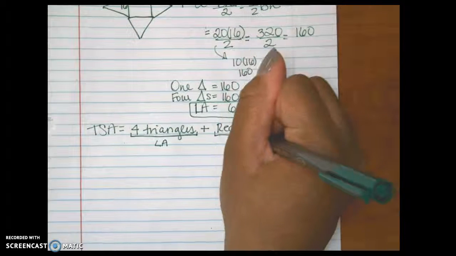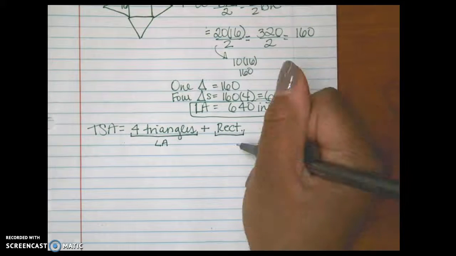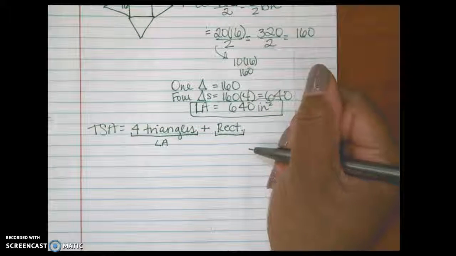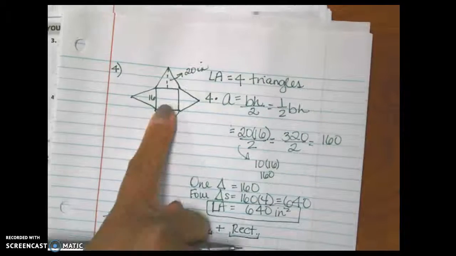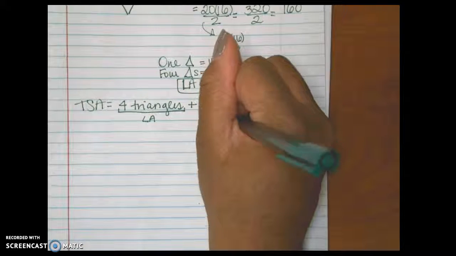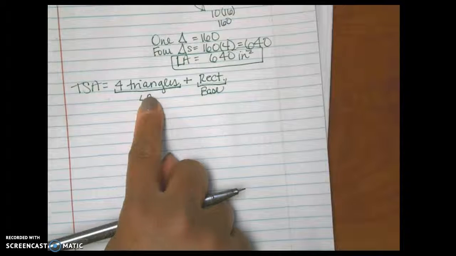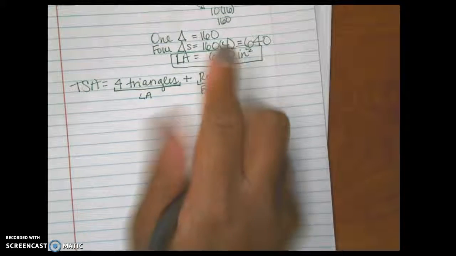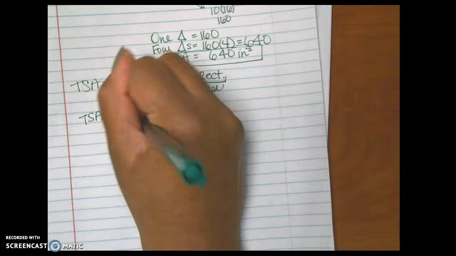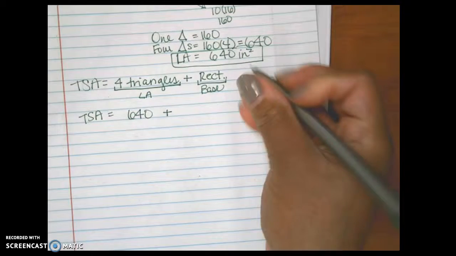And this rectangle is my what? Your surface area? Nope. What is the rectangle? The base. Thank you. Do I already have my 4 triangles? Yes. How many rectangles? Just one.